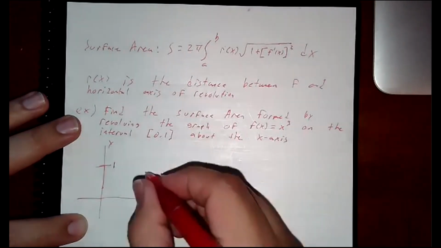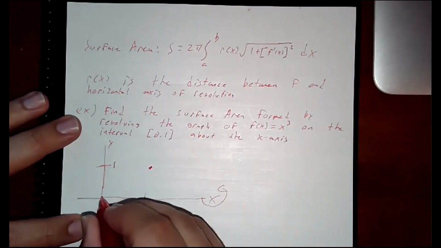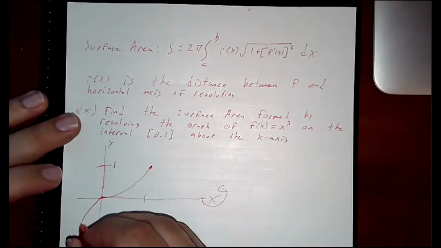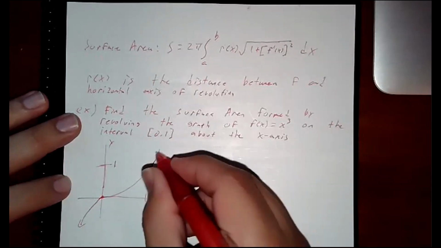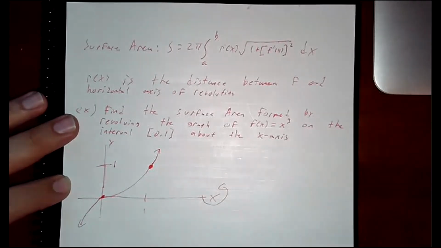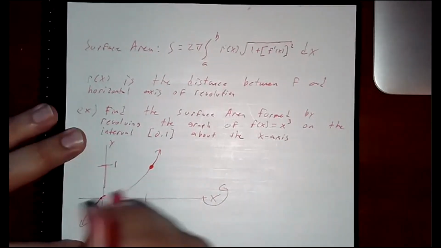The x cubed, we know, goes through the origin and does this whole thing. It keeps going, but it's 0 to 1, so I only care about this section. And that's the short picture.